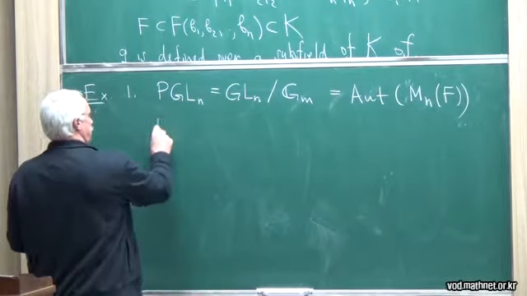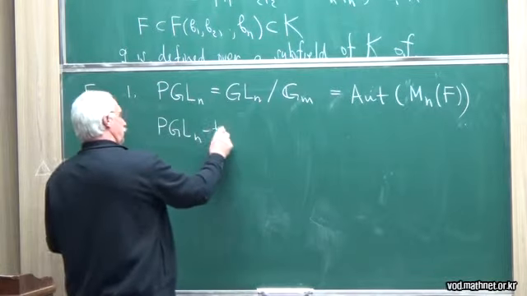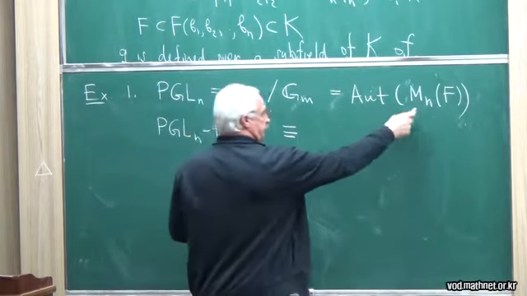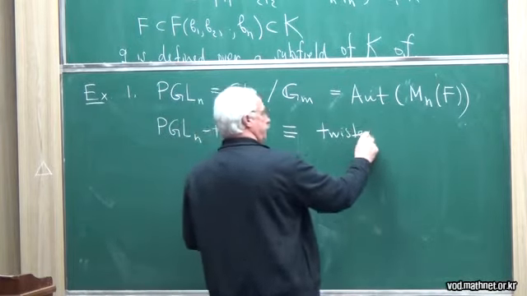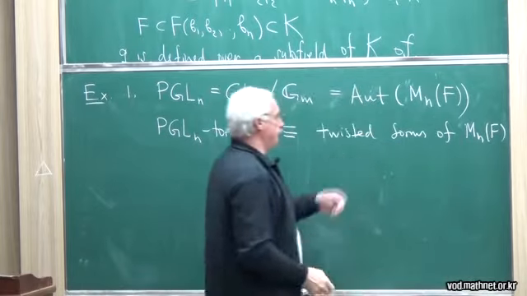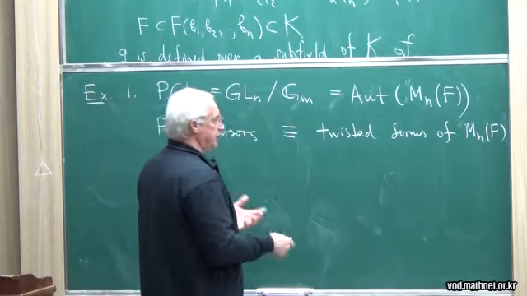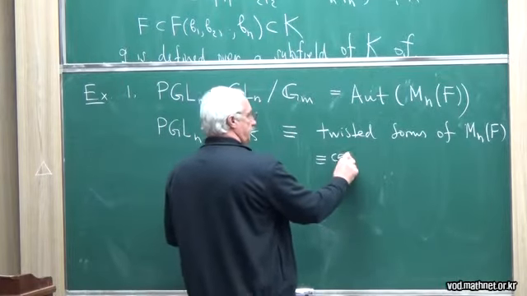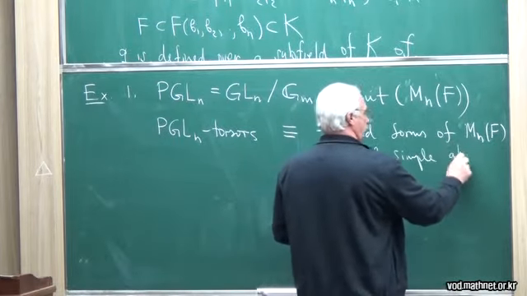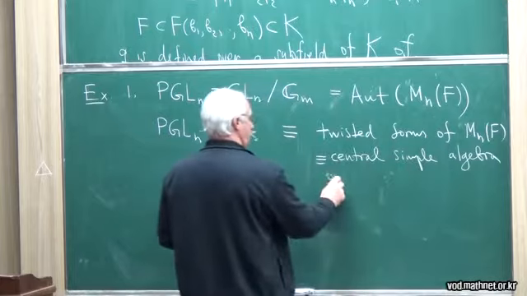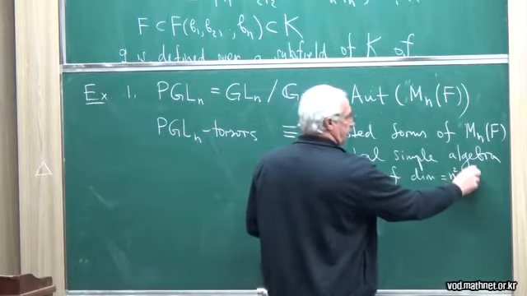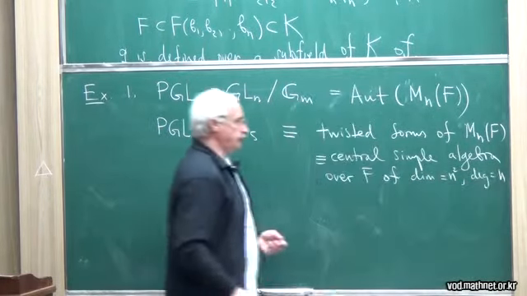Therefore, PGL_n torsors are the same, under the correspondence, as the twisted forms of the matrix algebra, and the twisted forms of the matrix algebra are exactly the central simple algebras over F of dimension n squared, or degree n. Degree is the square root of the dimension.